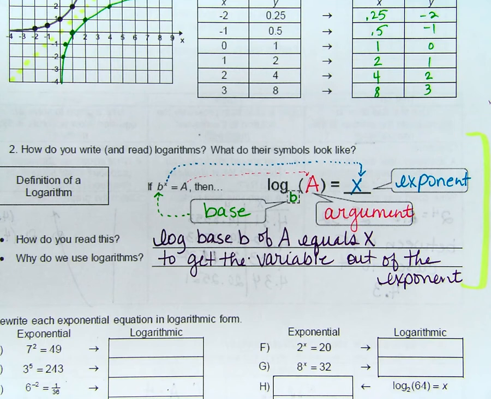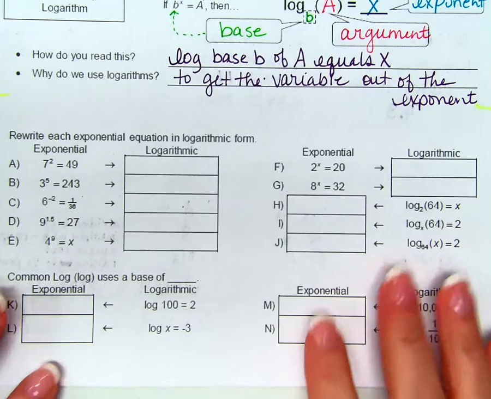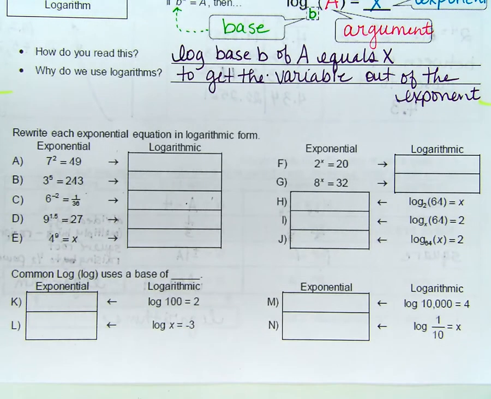We use logarithms. Before we can start the glamorous solving equations of logarithms and doing word problems with logarithms, which are one of my favorite things to talk about, you'll see why when we get there. It's super exciting. We have to be able to kind of manipulate them first.